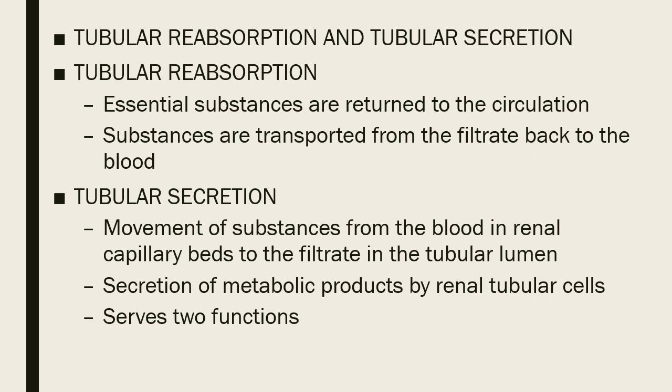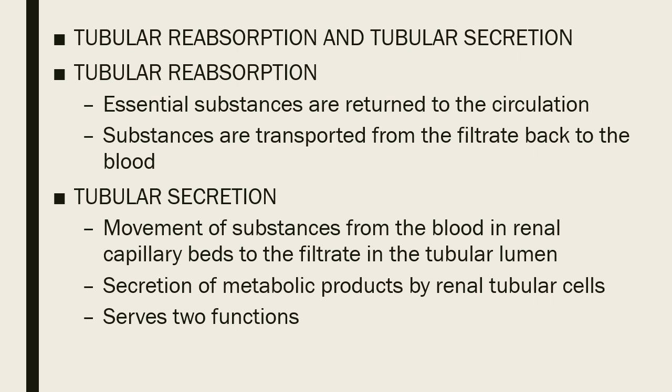Then there is tubular secretion, the process of movement of substances from the blood in the renal capillary beds to the filtrate in the tubular lumen. It is the secretion of metabolic waste products by renal tubular cells, those that you do not need. It serves two functions: elimination of waste products and acid-base balance.